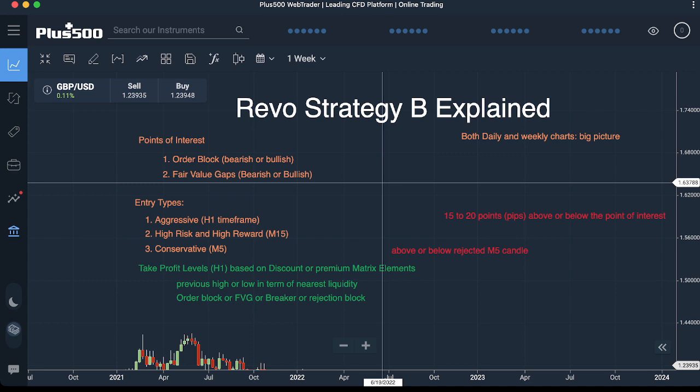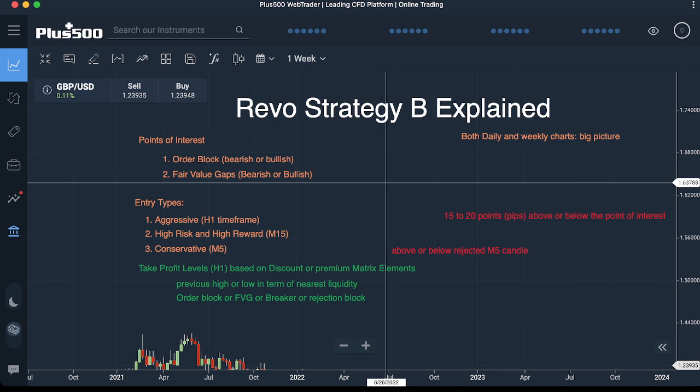And then I'll discuss the M15 entry type. This is going to be called high risk high reward. So basically in this entry type you're going to risk high, but you can get maximum reward as well if your trade is going to be a winning trade.